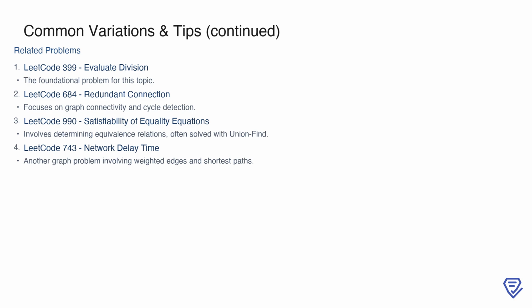LeetCode 990 Satisfiability of Equality Equations involves determining equivalence relations, often solved using the union find algorithm. Finally, LeetCode 743 Network Delay Time is another graph problem that deals with weighted edges and shortest paths, offering further practice in managing weights and graph traversal techniques. These problems build on the foundations of graph theory and provide valuable practice for both interviews and broader problem-solving skills.